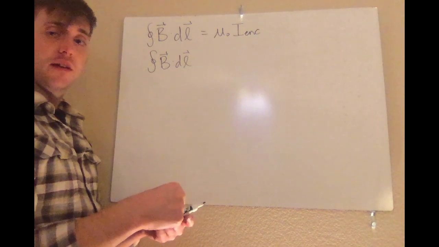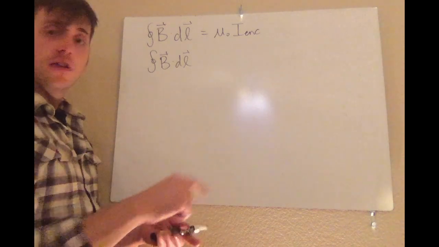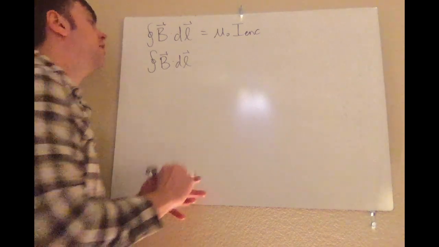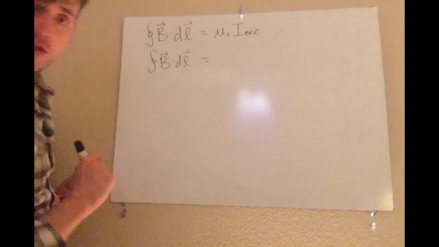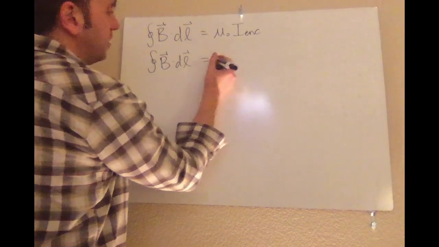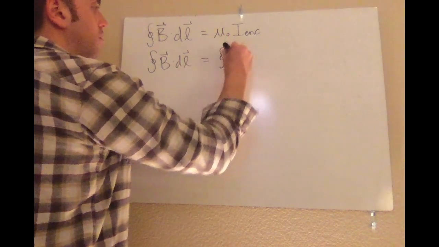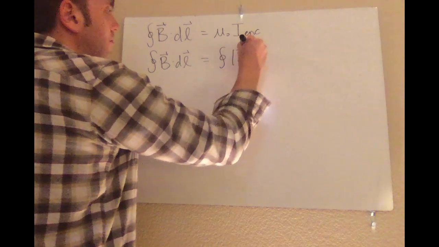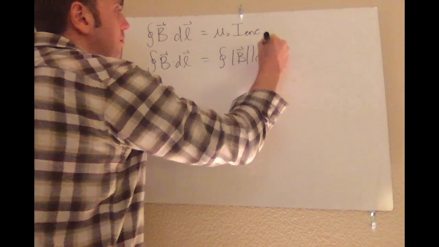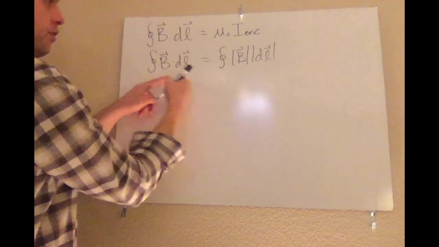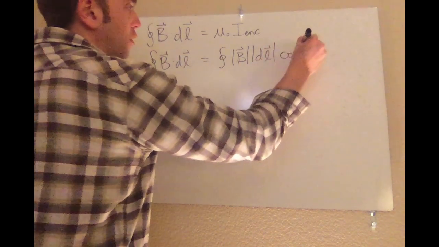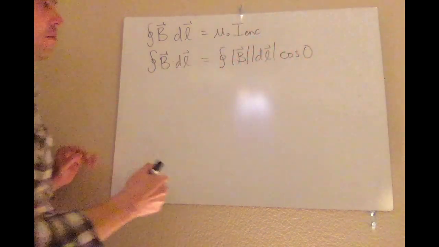Notice that our magnetic field lines were going in that same direction as our dl vector. So we're dealing with a situation where B dot dl gives us magnitude B, magnitude dl, and these two vectors are going in the same direction. So we have cosine 0, which is 1.